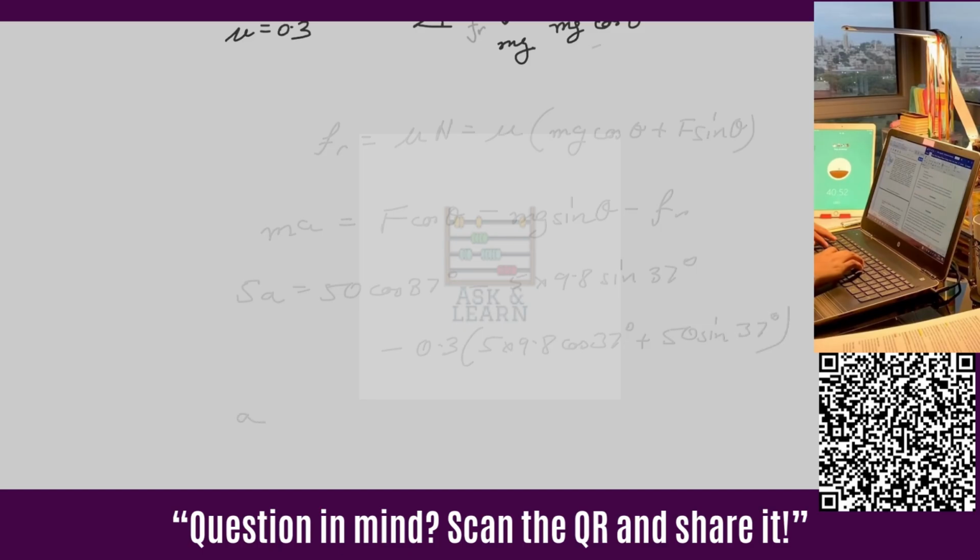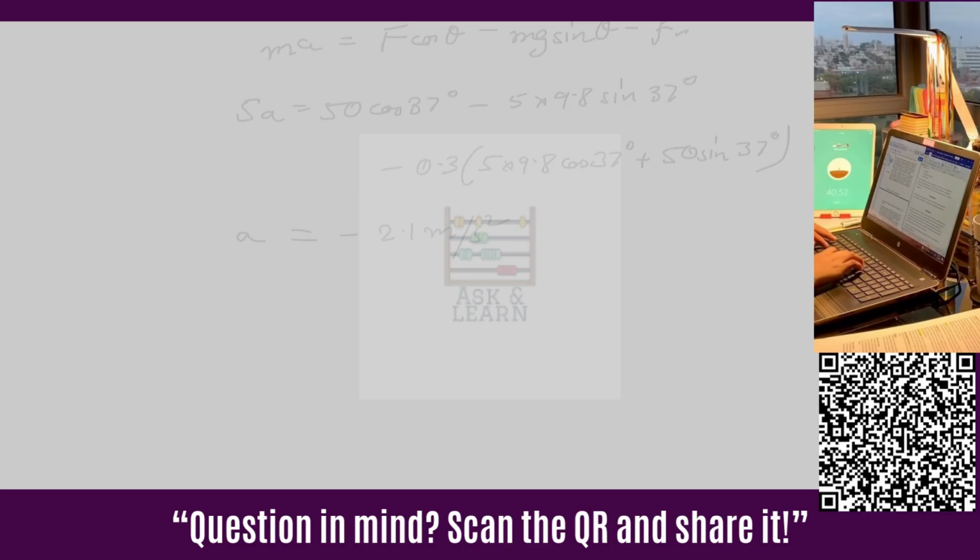So let's see how much we have got for a. This is minus 2.1 meters per second square. And now since this is negative, it is moving down the incline. This negative sign shows that it's moving down the incline.